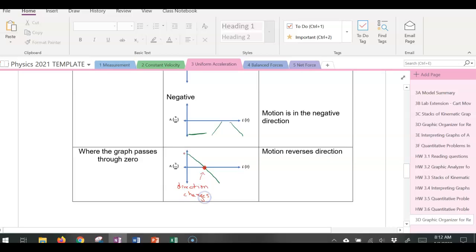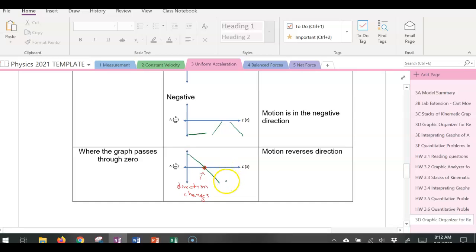For the first part of this trip, it was moving in the positive direction because the velocity was positive, but it's getting slower and slower. The velocity is coming closer and closer to zero. At this red dot, it changes direction, and now the velocity becomes negative, which means it has turned around and it's moving now in the negative direction.